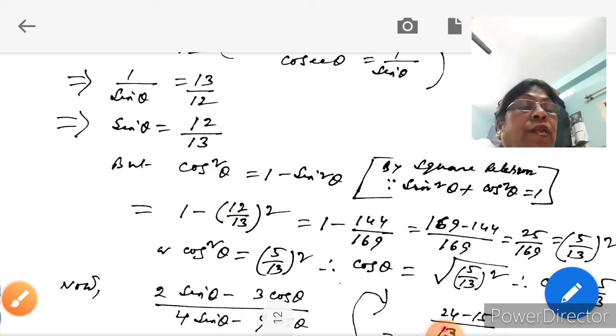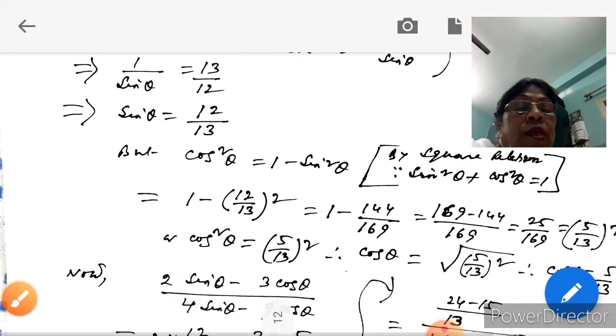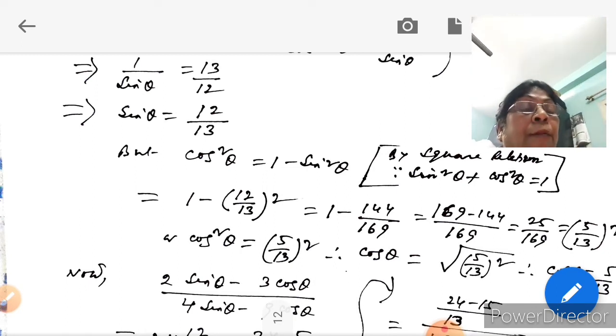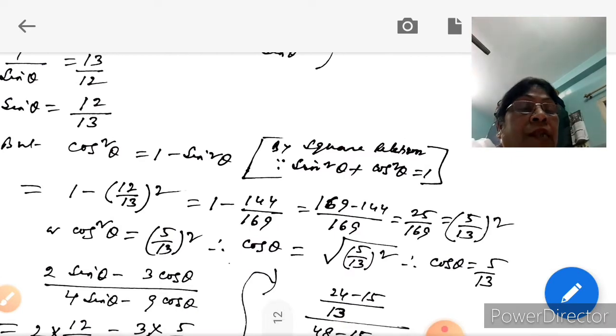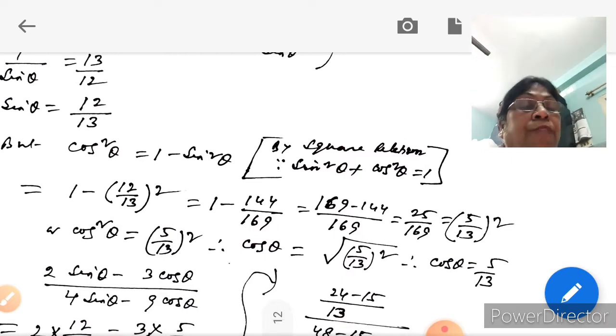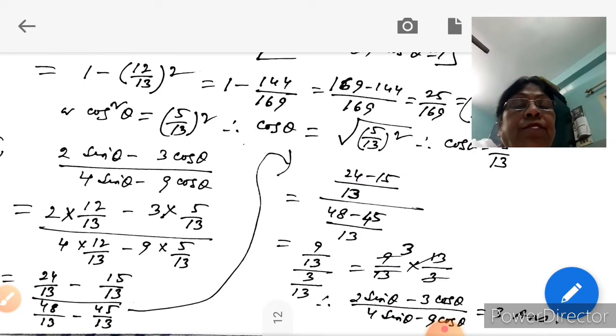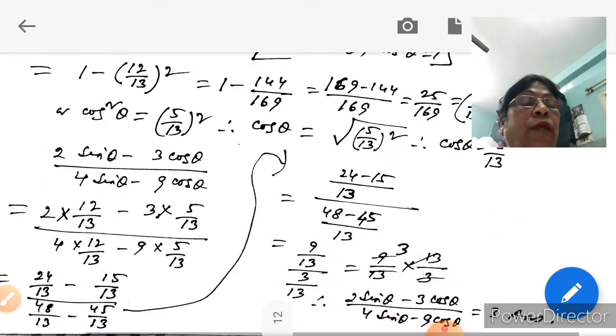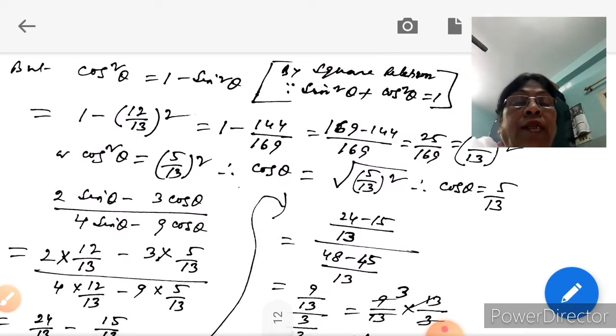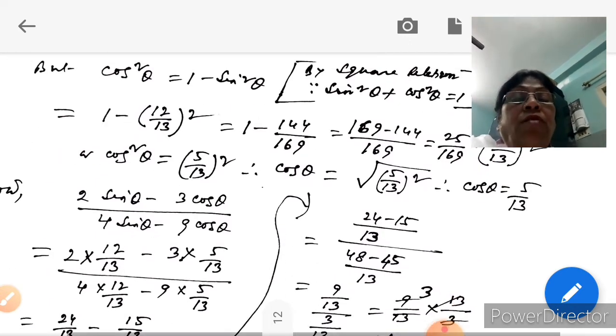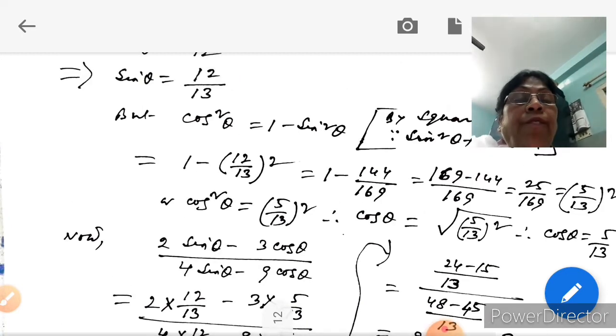You just solve it, you found cos square theta is equal to 5 by 13 whole square. Therefore, cos theta is equal to root over 5 by 13 whole square, or cos theta is equal to 5 by 13. So, in this way you have found the value of cos theta is equal to 5 by 13, and you have already found the value of sin theta, 12 by 13.